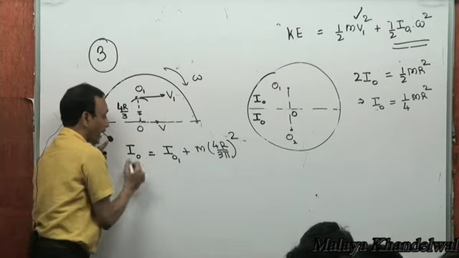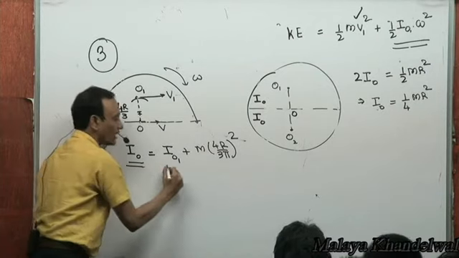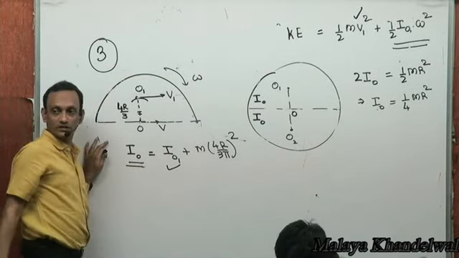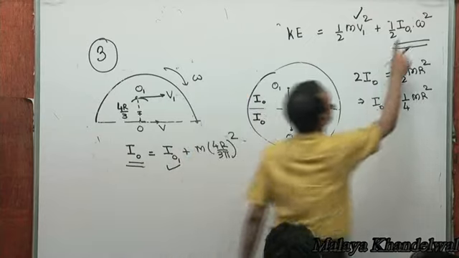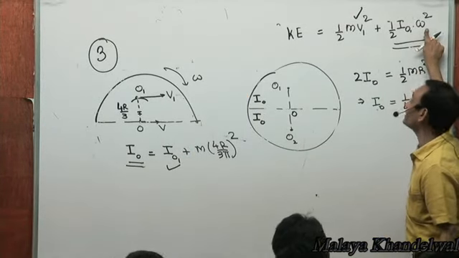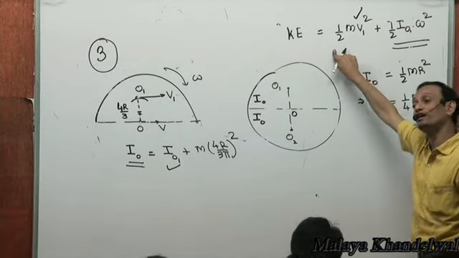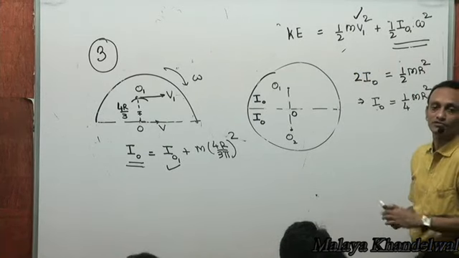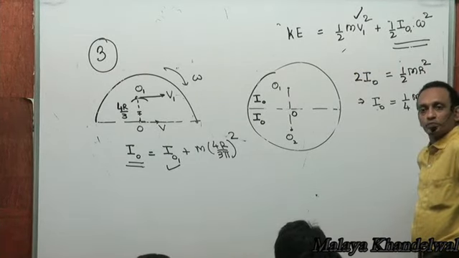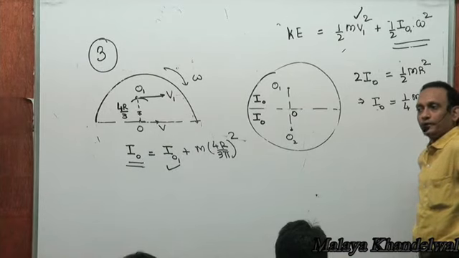So I about O we have computed. So I about O1 can be obtained from this equation, which you can plug into this, write omega as V by R, and you would know the kinetic energy of the upper half alone. And then of course you can divide and obtain the ratio. Right?